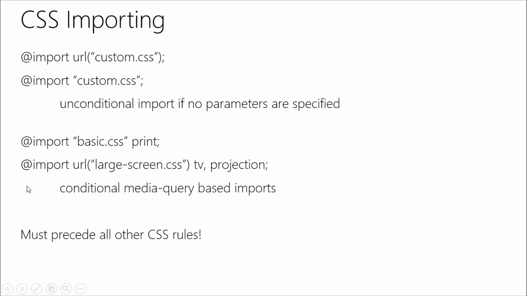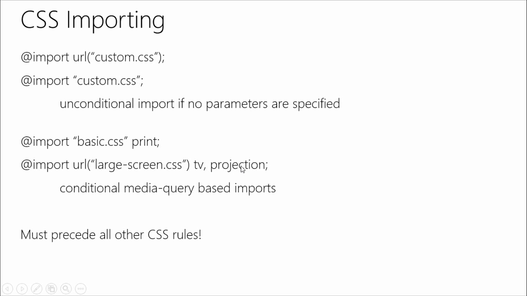Whereas for the two subsequent examples, you'll see I'm importing a basic.css for a print media type. And so that just uses the basic CSS only if the print media query is triggered. Whereas this following one is importing the large screen CSS files for TV or projection media types.